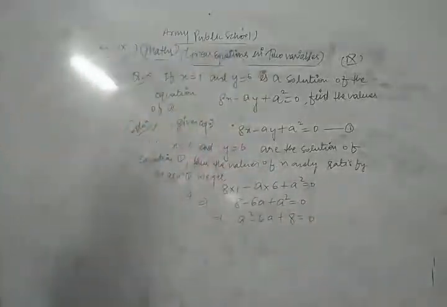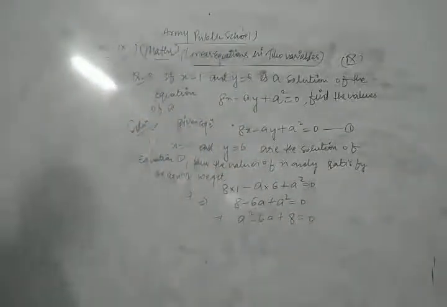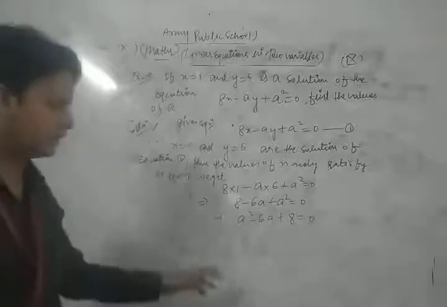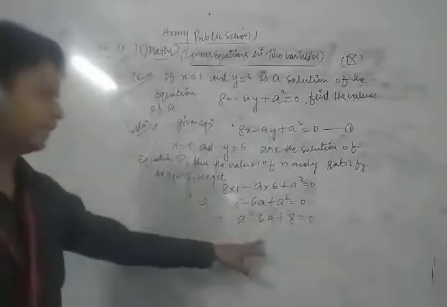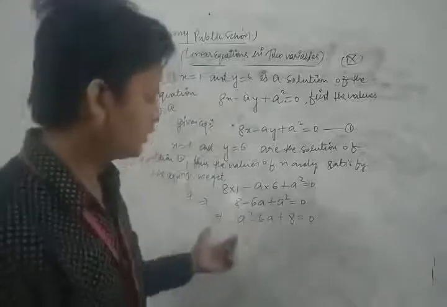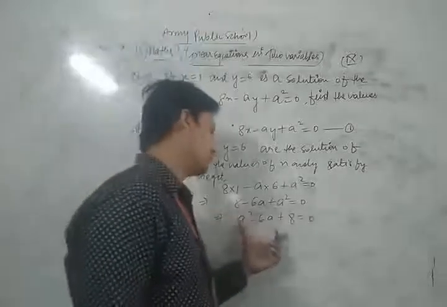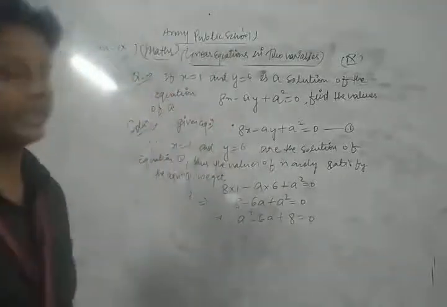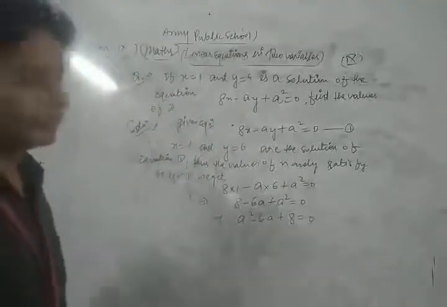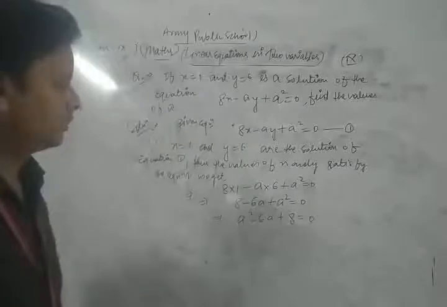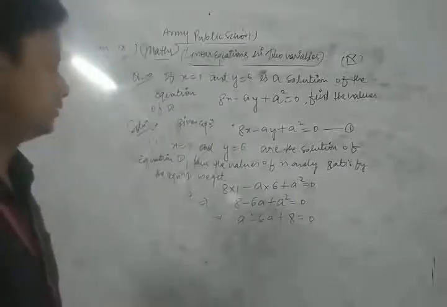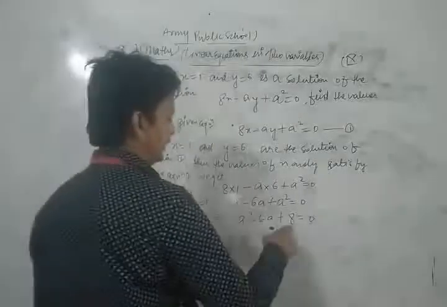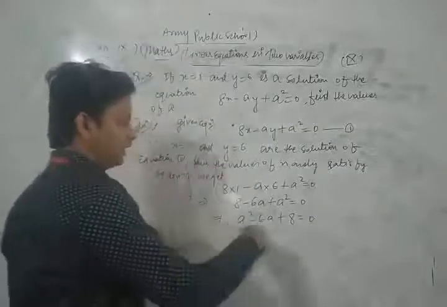Now this is a quadratic equation in a. We factorize the given quadratic equation by the method of splitting the middle term. First of all, we multiply 8 into the coefficient of a square, which is 1, giving 8.